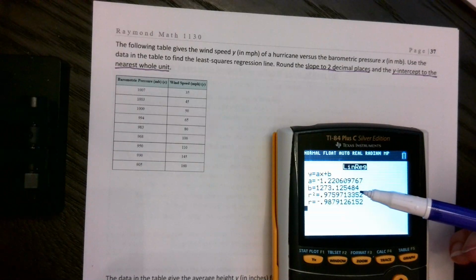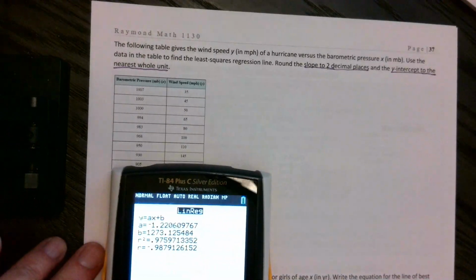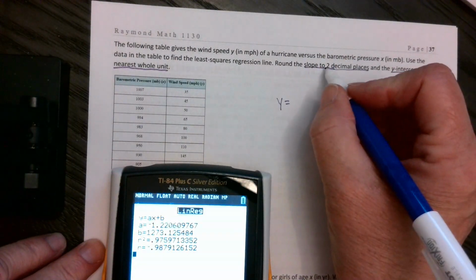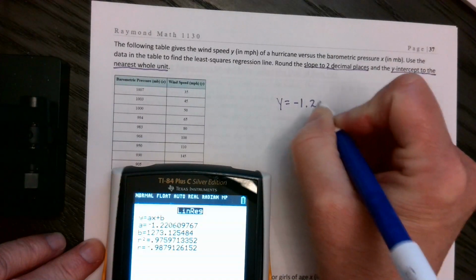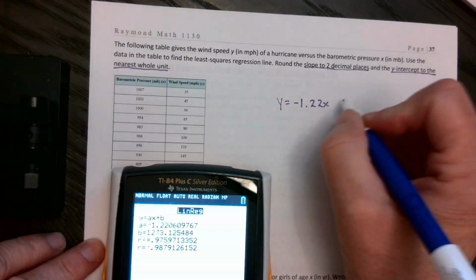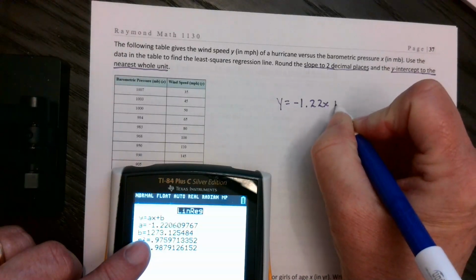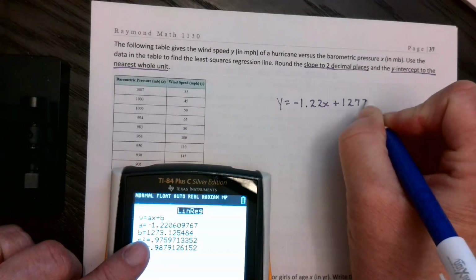This is my y-intercept. Be careful to pay attention to your instructions. Your instructions say to round your slope to 2 decimal places, so it's 1.22x. Your y-intercept to the nearest whole unit, so it's plus 1,273.